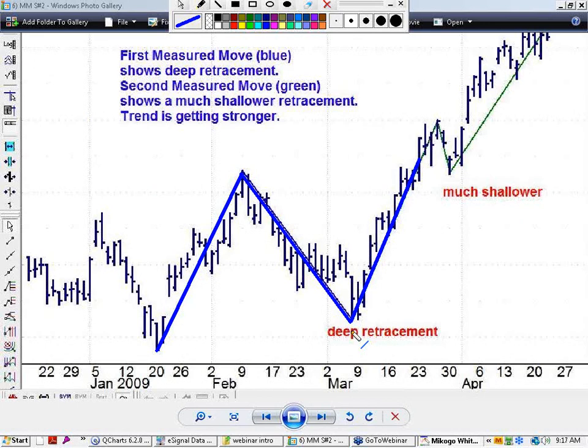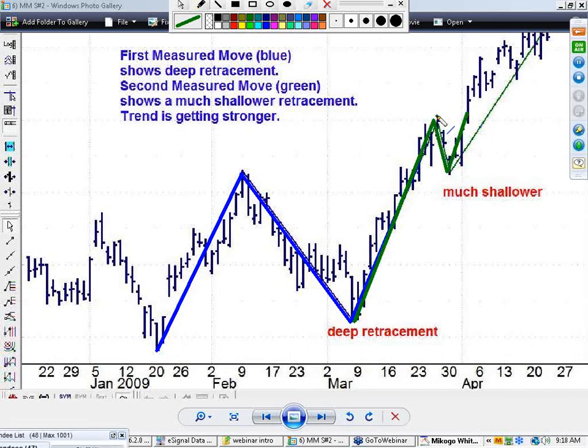Once you have a deep retracement, what happens is it's a weak uptrend. And you say, well, it's going up, but not tremendously. But then you follow through with a much shallower retracement going up, and here's where you can buy. And from here, this thing takes off. So the first measure move shows a deep retracement.